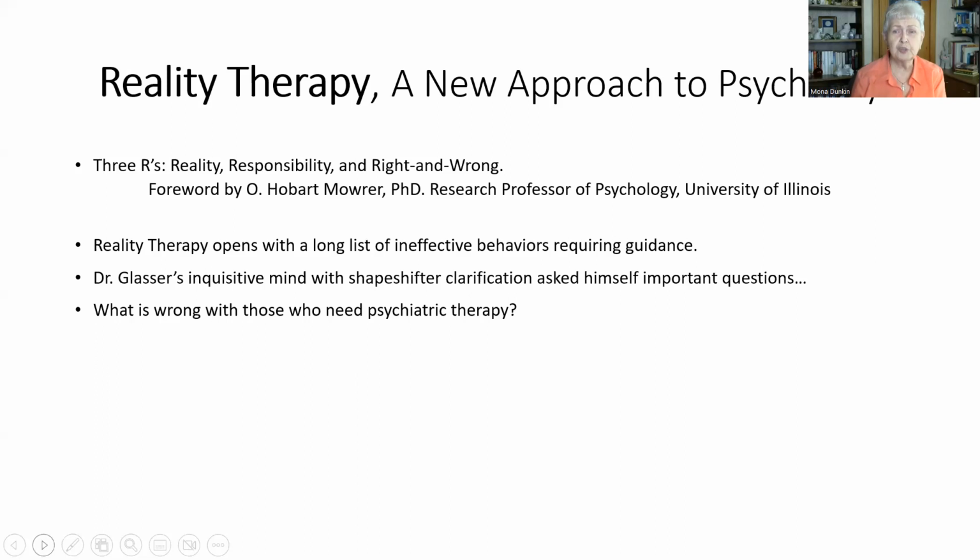What is wrong with those who need psychiatric therapy? And is there a need for a specific therapy for each issue? If a person is catatonic, if a person is manic, is there a specific therapy needed for each issue? There's a wide spectrum of issues.